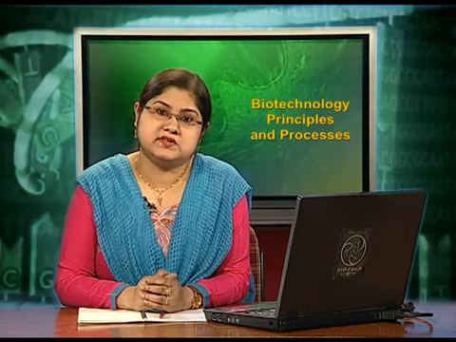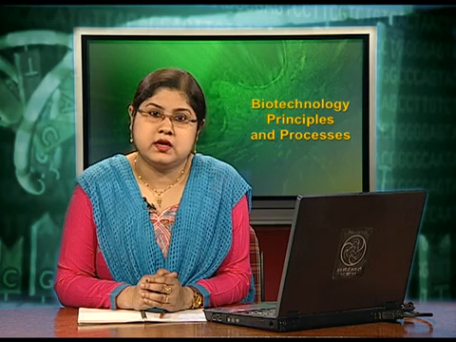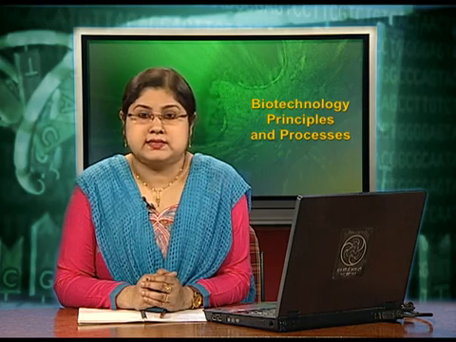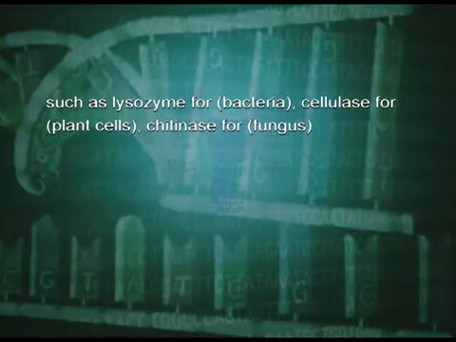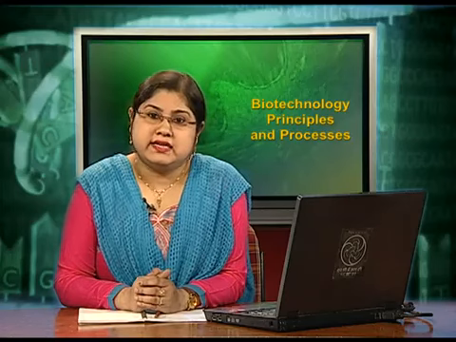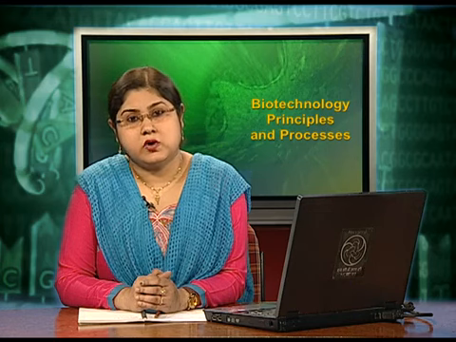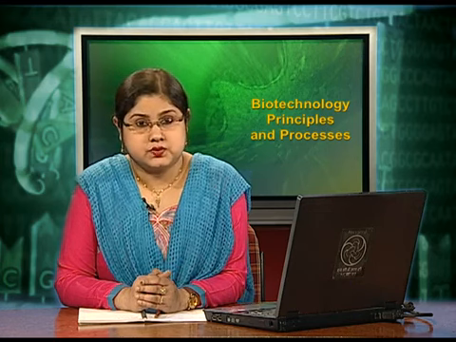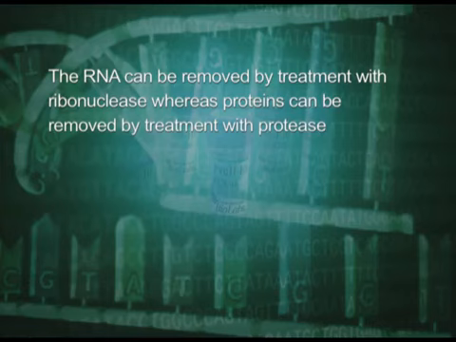This can be achieved by treating the bacterial cell or plant or animal tissues with enzymes such as lysozyme for bacteria, cellulase for plant cells, chitinase for fungus cells. As you know that genes are located on long molecules of DNA intertwined with proteins such as histones, the RNA can be removed by treatment with ribonuclease, whereas proteins can be removed by treatment with protease.